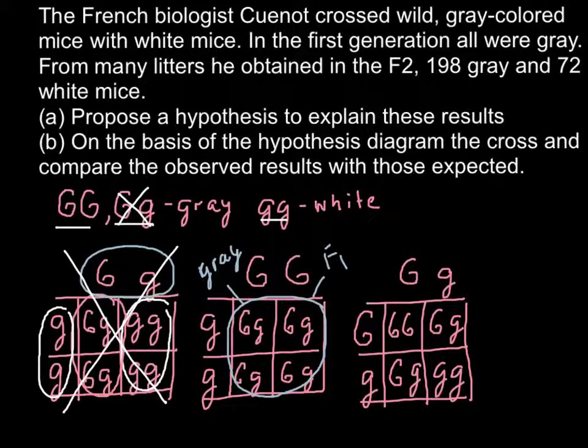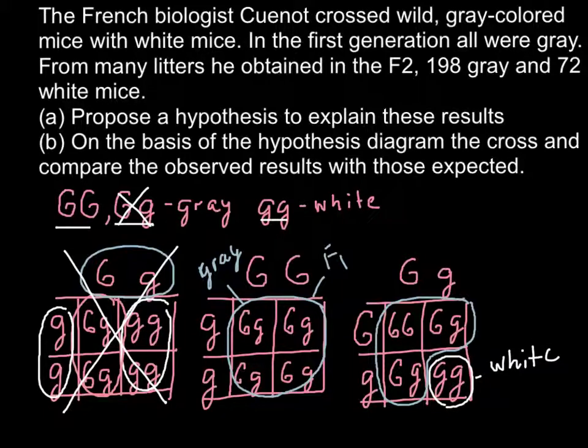And as you see, here we would have 3 out of 4 mice whose color is going to be gray, and 1 out of 4 that's going to be white colored.